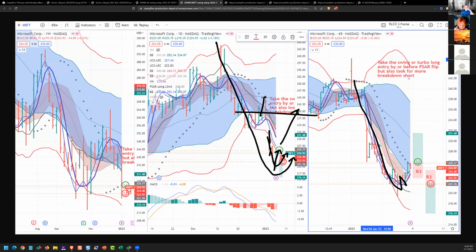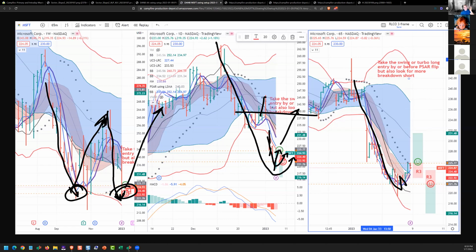On the weekly, all it's done really is just lose from 260 to 220, a 15% sell-off, and has just started to make the turn. So that's about as low risk an entry on the long side as a value play in Microsoft.